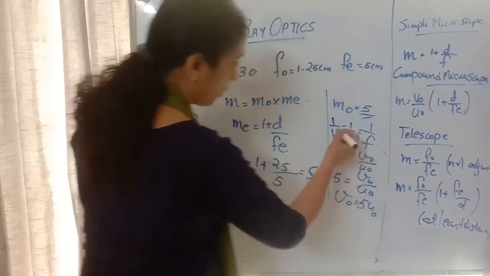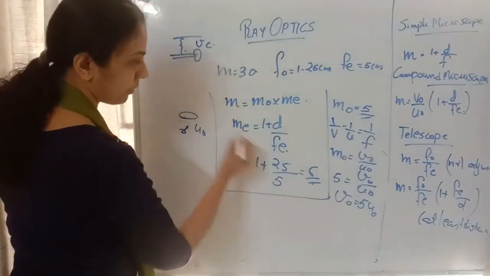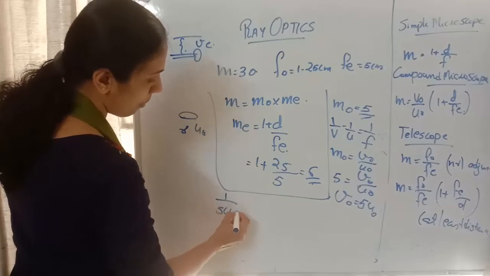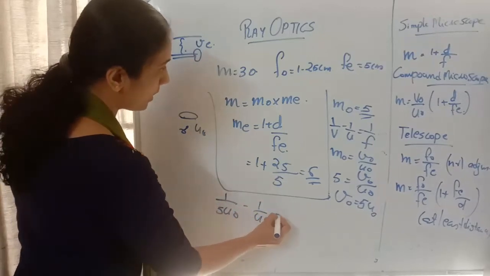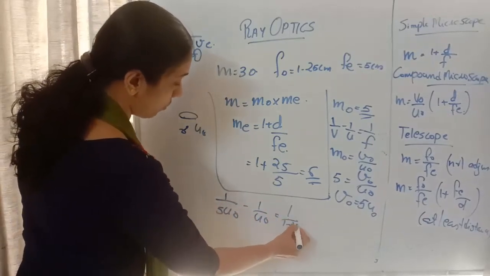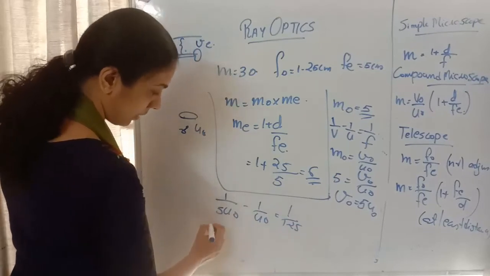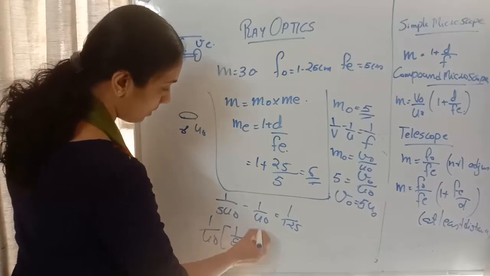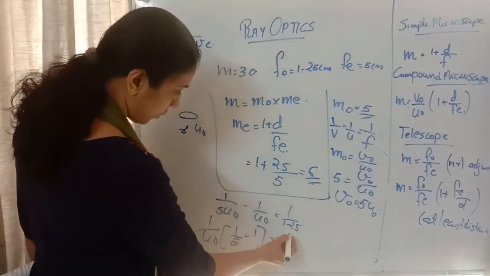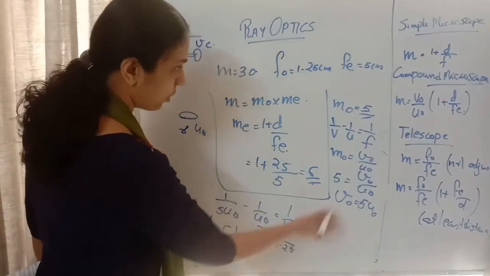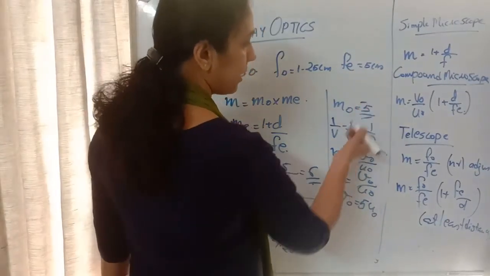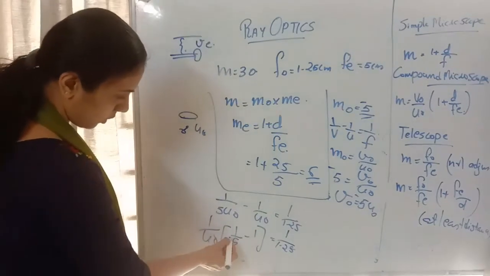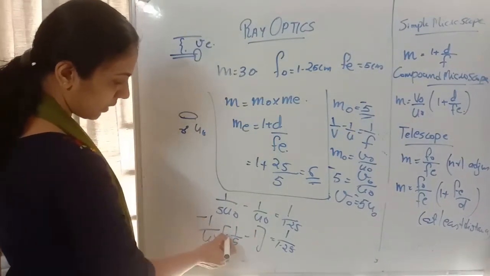So substituting 5 UO in this: 1 by 5 UO minus 1 by UO equals 1 by 1.25. Oh, here also we forgot to take the real image, so it is minus 5 UO. Here also minus, so minus we can take outside.